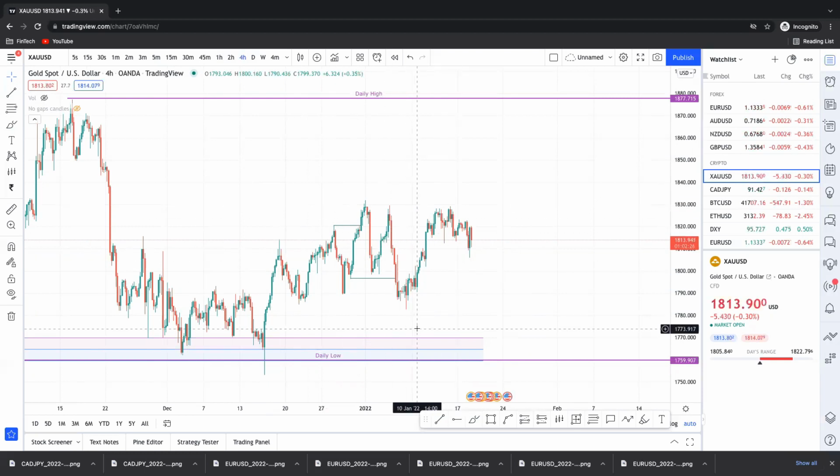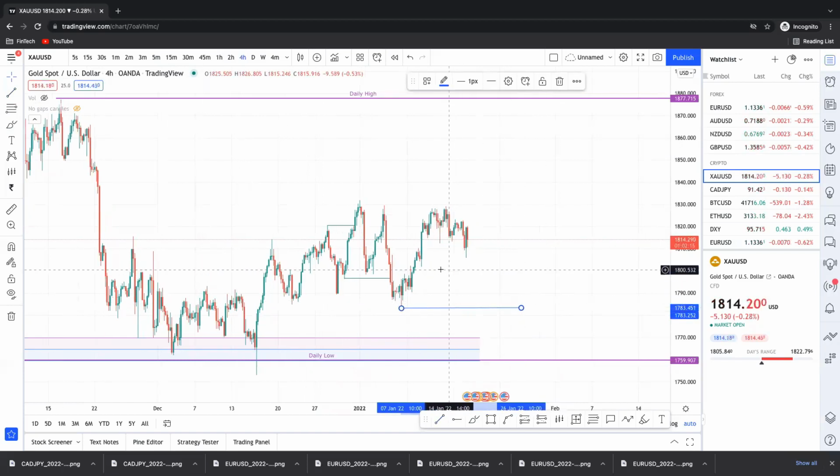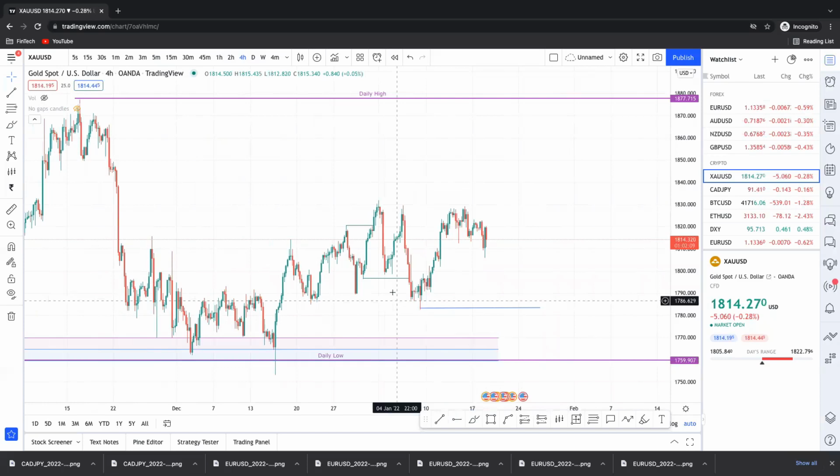It's not a confirmed bearish trend, it's just bearish intention. We need another break to confirm a bearish trend on this time frame, and that's probably not going to happen because it's just going to continue from here.